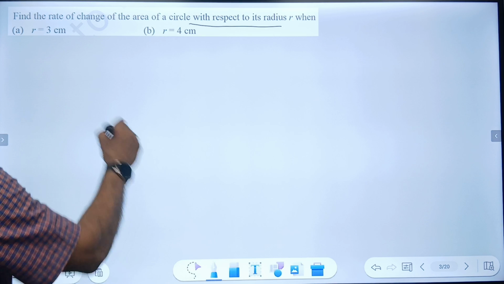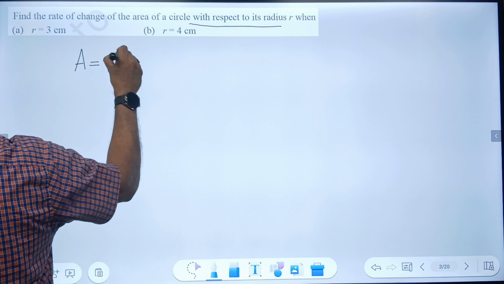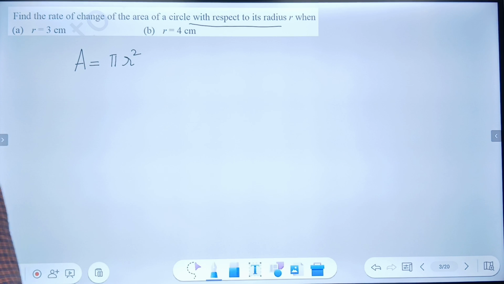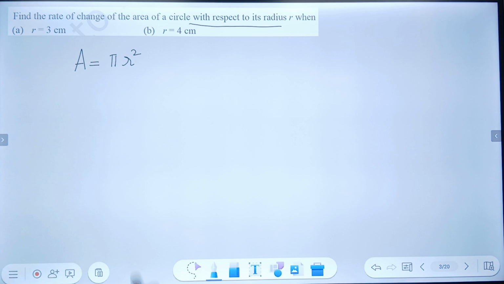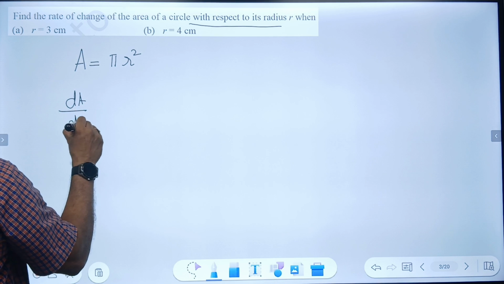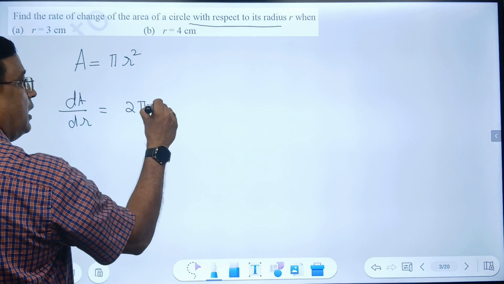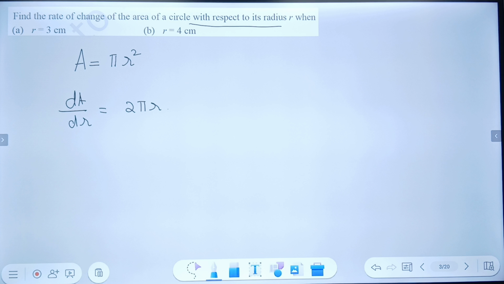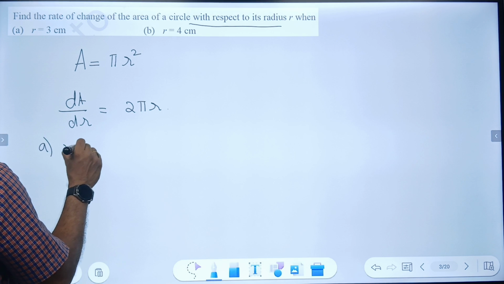Now, what is the area of a circle? Area of a circle is pi r square. Now change in area with respect to radius, dA by, with respect to what? With respect to radius. So the differentiation will be 2 pi r. Differentiation of r square is 2r. Now he has said, in the first subdivision, radius is 3 centimeter.